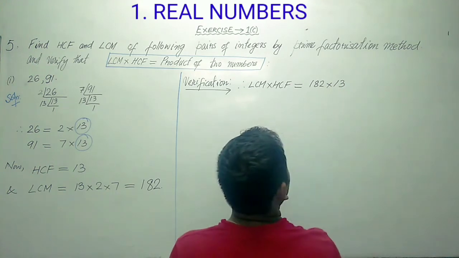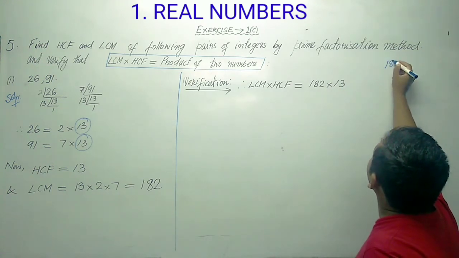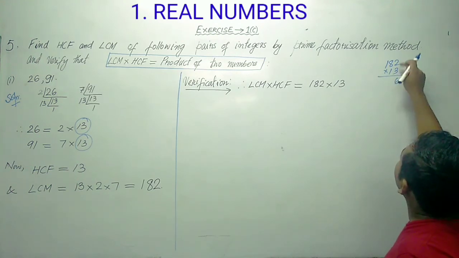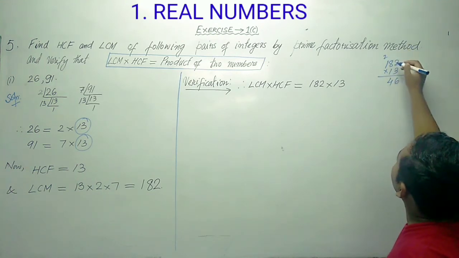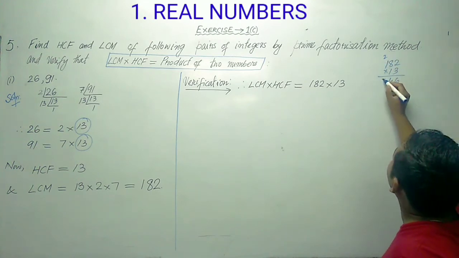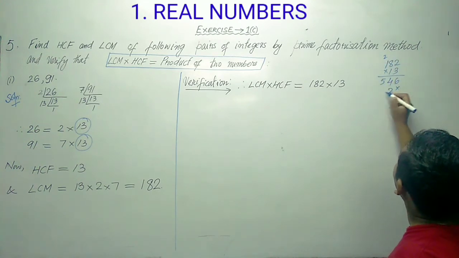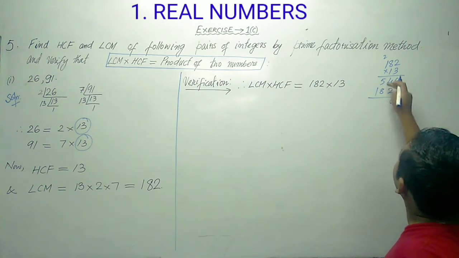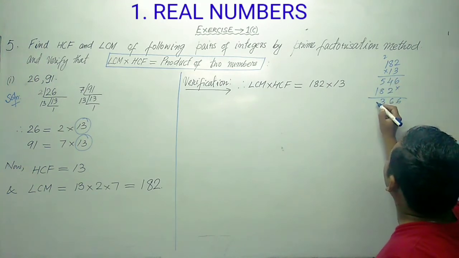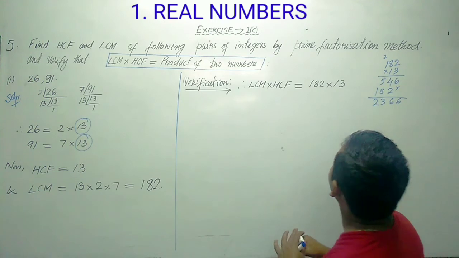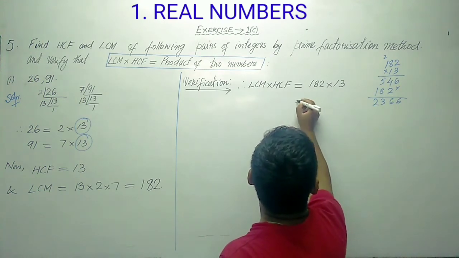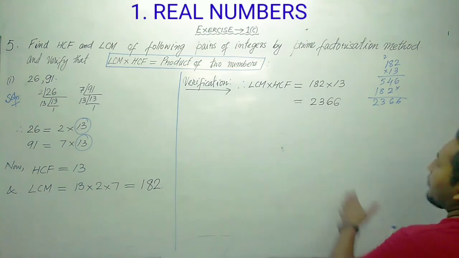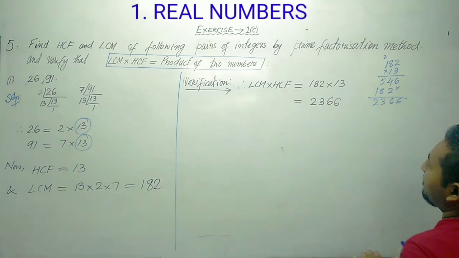Let us multiply them. 3 2s are 6, 3 8s are 24, carry 2, 3 1s are 3 plus 2, 5. 1 2s are 2, 1 8s are 8, 1 1s are 1. Let us add them: 6; 4 plus 2, 6; 5 plus 8, 13, carry 1; 2 plus 1, 3. You have 2366. So this is the product of HCF and LCM.